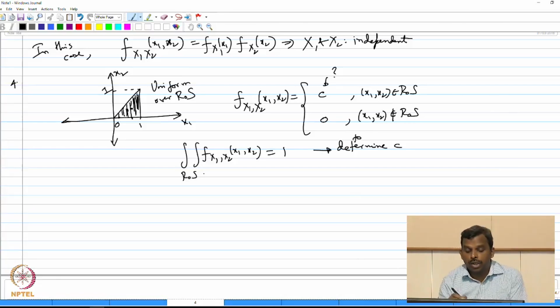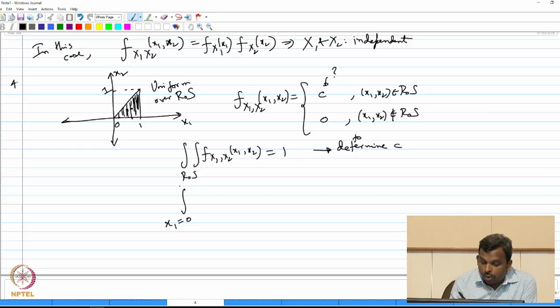Okay, so how do you do this integration? I need a description of the region of support. To describe the region of support, I will first take x1 from 0 to 1. If you notice, in the region of support, x1 takes values from 0 to 1. Now for every particular x1, what is this line? You should have a description of this line. This is x1 equals x2. So for every x1, x2 takes values from 0 to x1.